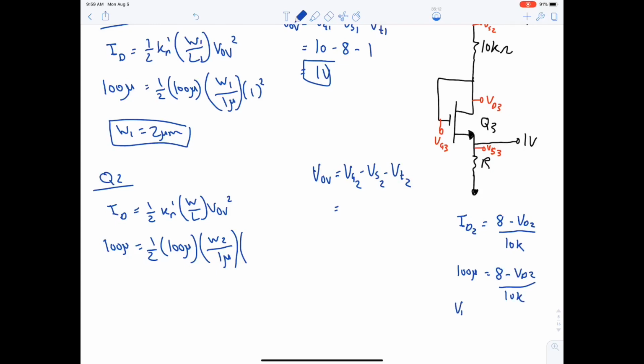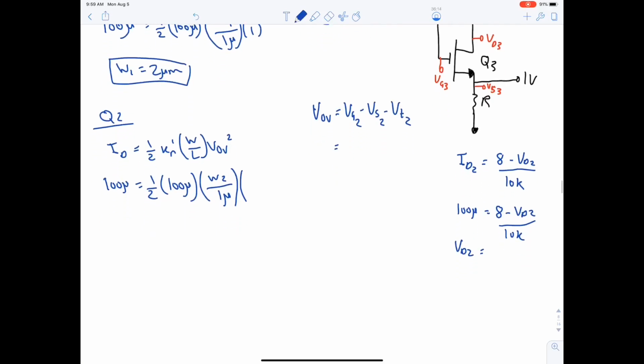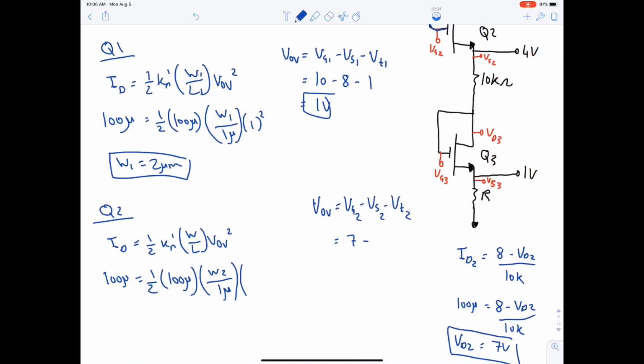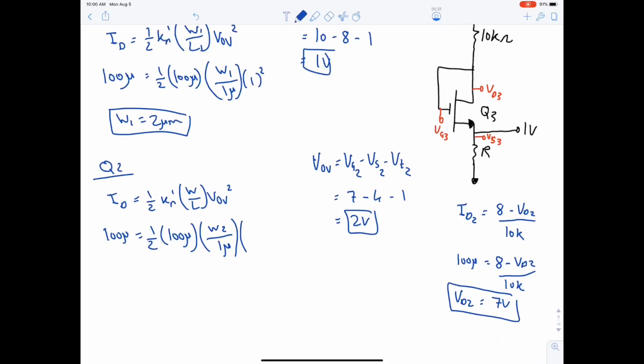So VD2 is equal to 7 volt. Okay, so 7 minus S2, S2 is 4 and T2 is 1. 7 minus 4, that's 3 minus 1, 2 volt. Okay, so 2 squared, W2 is equal to 0.5 micrometer. Okay, we found Q2.